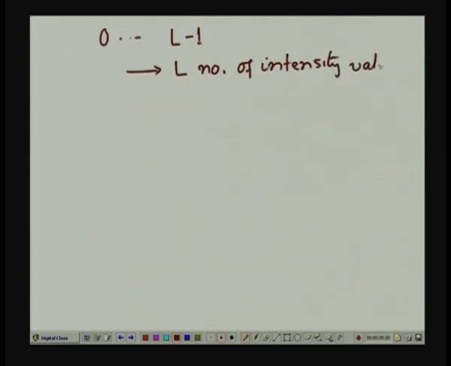We assume that an intensity value, say L 0, represents the intensity level black, which means that the corresponding f(x, y) at the location x y where the intensity is L 0 is equal to 0.